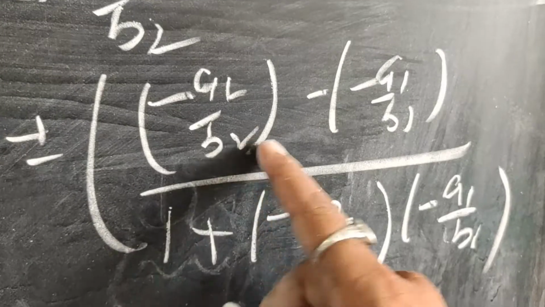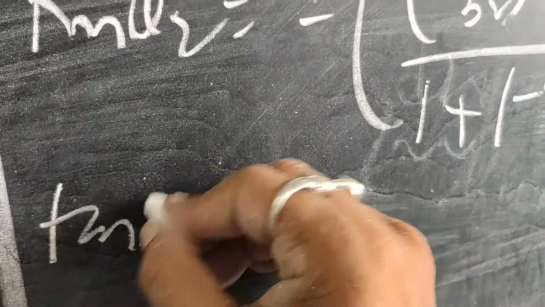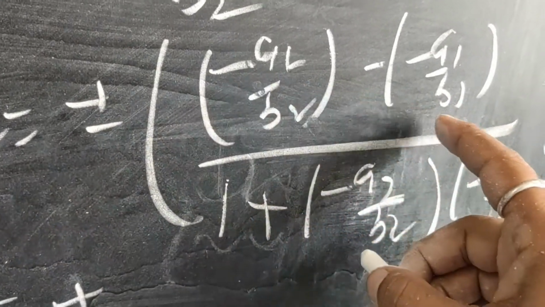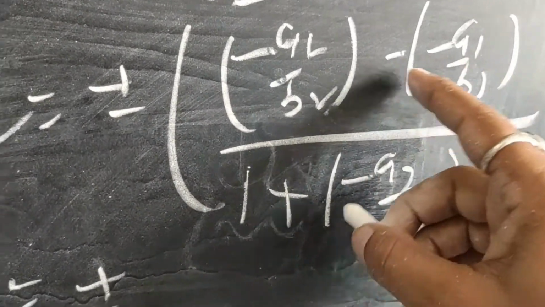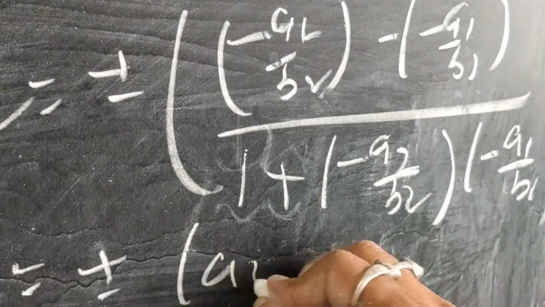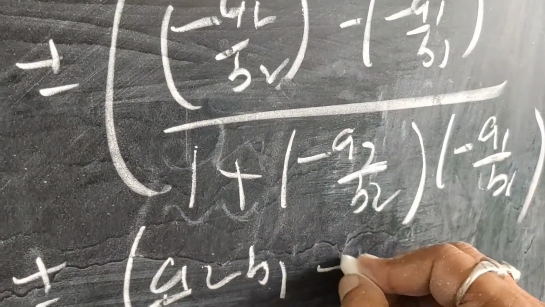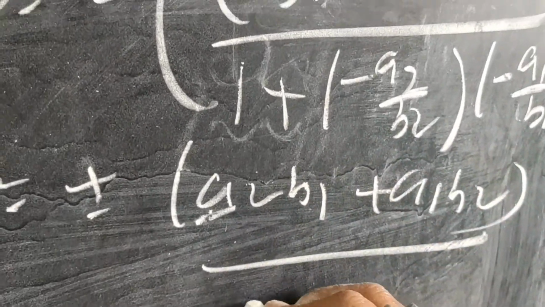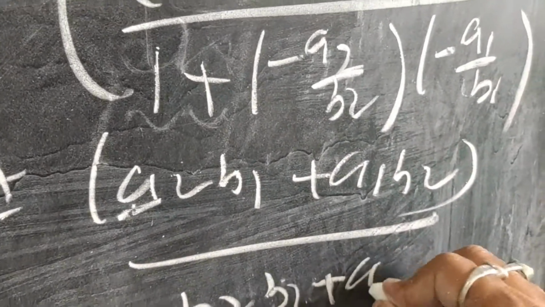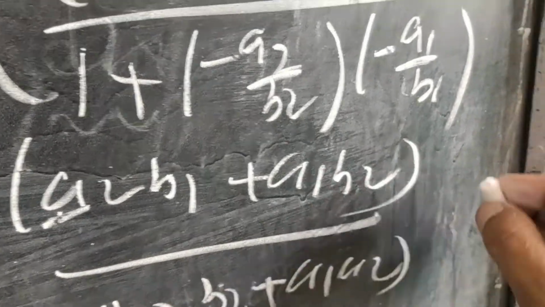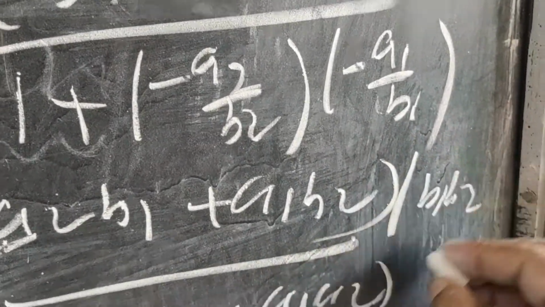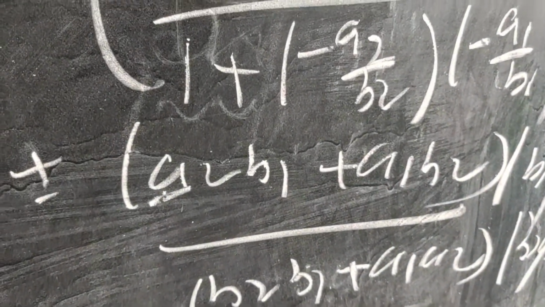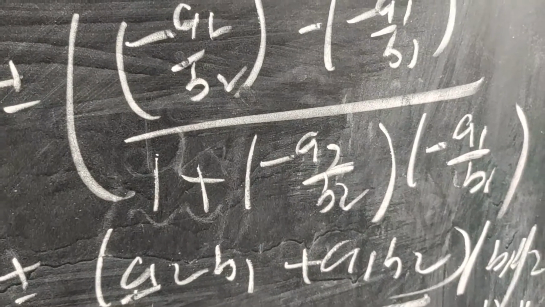Okay, so taking the LCM here, we can find it easily: b2 b1 LCM, then minus a2 b1 plus a1 b2, upon b2 b1 LCM, then b2 b1 plus a1 a2, right? LCM b1 b2 will cancel out. Now how do we learn this formula?